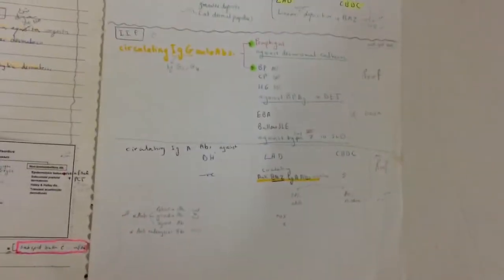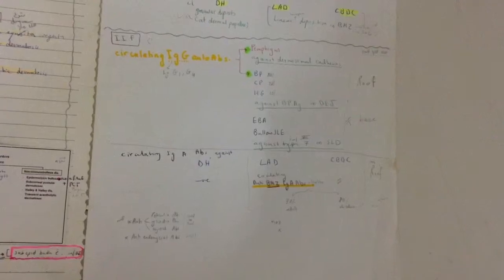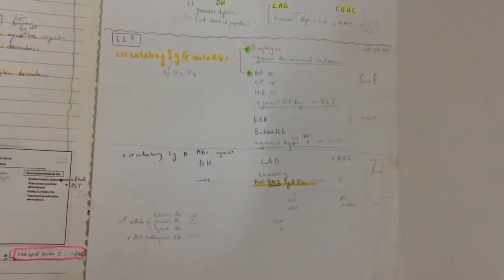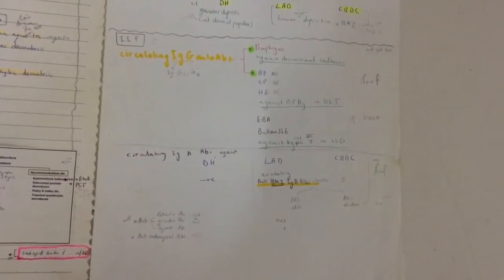What about indirect immunofluorescence? There is circulating immunoglobulin G antibodies in pemphigus against desmosomal cadherins.